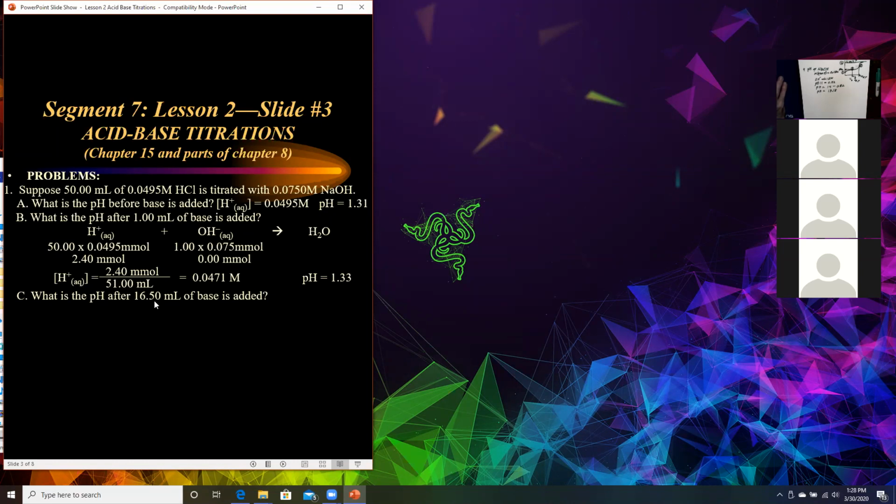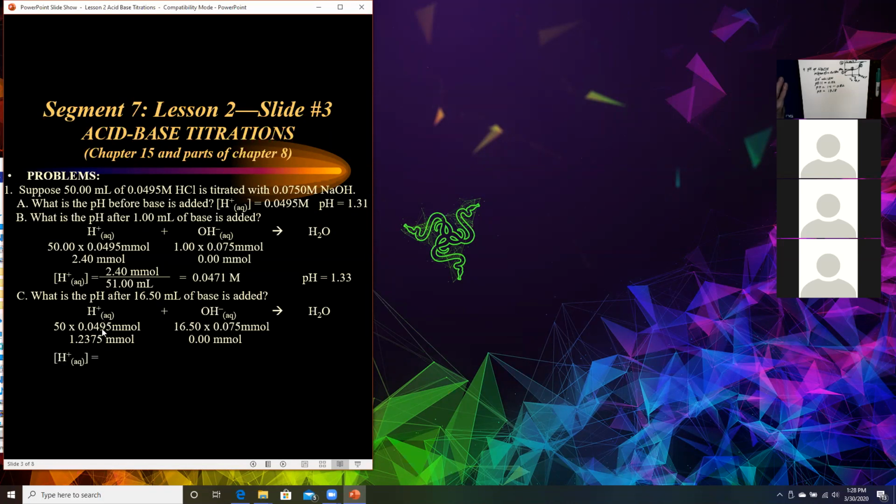After you added 16.5 milliliters of base, well, you'll see why that is in a minute. We had 50 at 0.049. We put in 16.5 at 0.075 molar base. Take that number of millimoles, subtract it from that, and you get 1.2375 of this, none of that.